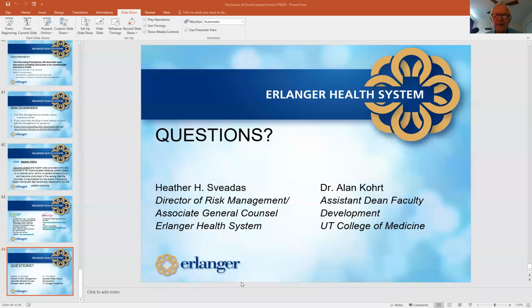We do have this new guideline now on disclosure. And in fact, some of the changes that Heather highlighted, especially the fact that in the past it has not been required for you to tell a family if an event reached them but didn't cause any harm, you were given the choice of whether you told the family or not.